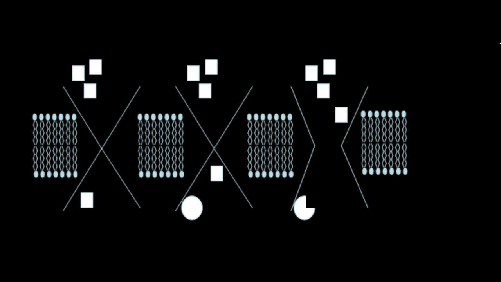Now, there are occasions when substances need to be moved against the diffusion gradient, so they need to go from an area of low concentration to an area of high concentration. And this is going to require the use of energy. So the example I've got here, once again, we've got the phospholipid bilayer. On the outside is the extracellular fluid, and on the inside is the intracellular fluid.